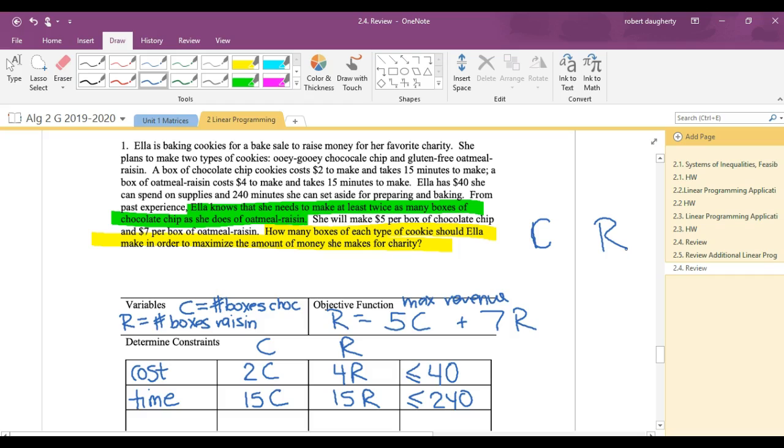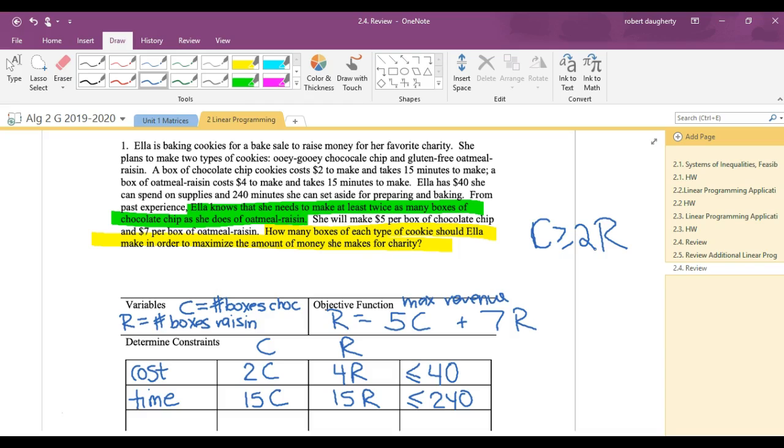I need to make at least twice as many boxes of chocolate chip as I do of oatmeal raisin, okay? So that means if I were to double the number of raisins, that's how many chocolate I need to make or more. So the amount of chocolate cookies has to be more than twice the raisin. Okay, this sort of reads differently. Like if you make twice as many boxes of chocolate chip, you're going to have more chocolate chip than raisins. How many more?